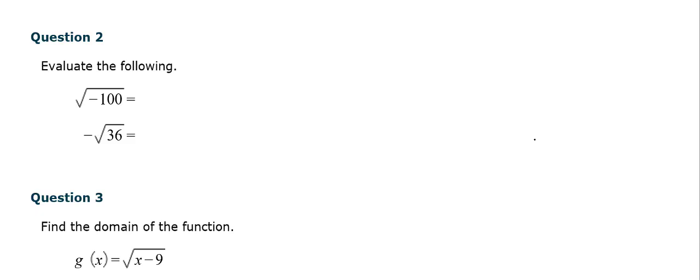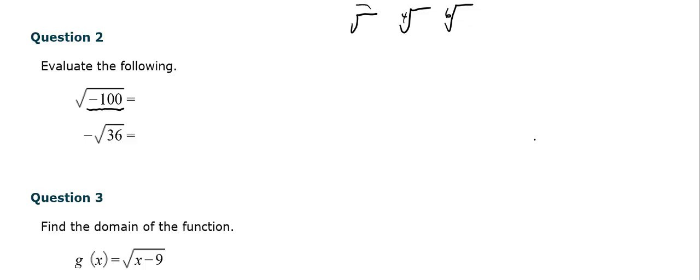Evaluate the following: the square root of negative 100 and the opposite of the square root of 36. So when we're talking about even roots, square roots, fourth roots, sixth roots, etc., our radicand, the value underneath the radical sign, cannot be negative.